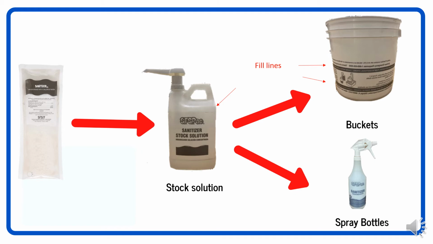If you just wanted a little bit, you would fill it up with water to here with 1 pump of solution. If you wanted it all the way to here, it would be 2 pumps of solution, and so forth. And just remember, you can always refer to that safety and sanitation system poster I was telling you about earlier that will tell you exactly how to mix up all these different things.